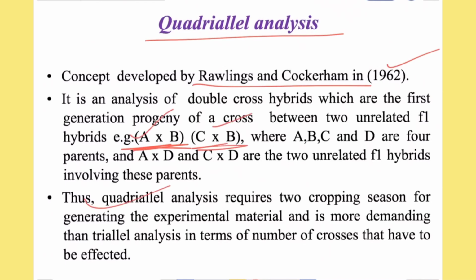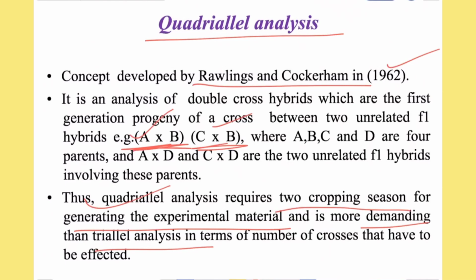This analysis requires two cropping seasons for generating the experimental material, and the quadrilateral analysis is more demanding compared to the triple analysis in terms of number of crosses, because the number of crosses obtained is more. There is also a restriction in quadrilateral analysis that no parent appears more than once during the hybrid combinations.